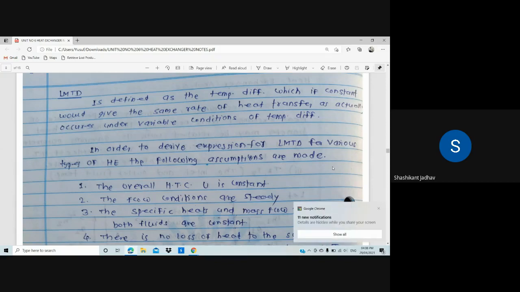Then whatever the flow conditions are, the flow conditions are steady. That means the fluid flow with respect to time is going to be constant. So we are considering that as the second assumption.